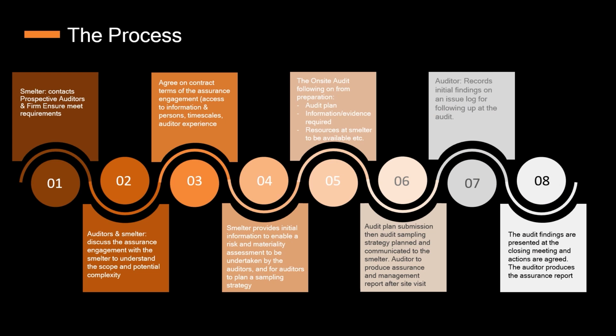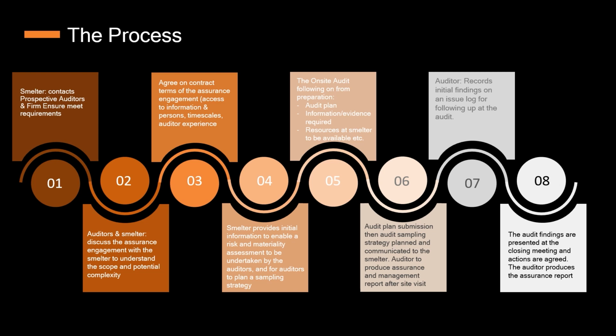We're expecting that auditors and audit firms are familiar with the ISA 3000 engagement process, and looking at this slide here and the main 8 stages, we're expecting that smelters will make contact with prospective audit firms and verify that they have the credentials to carry out the work.